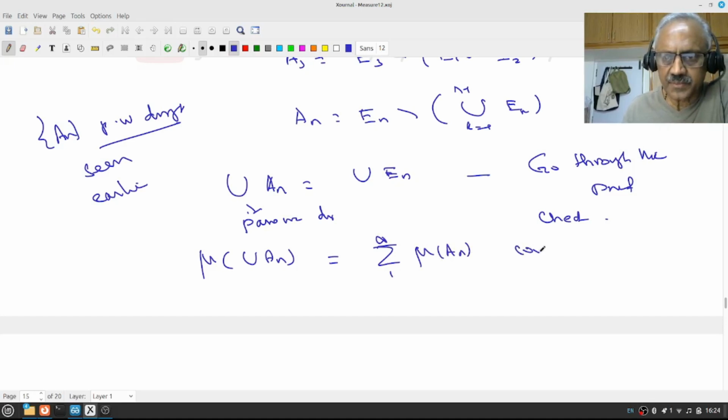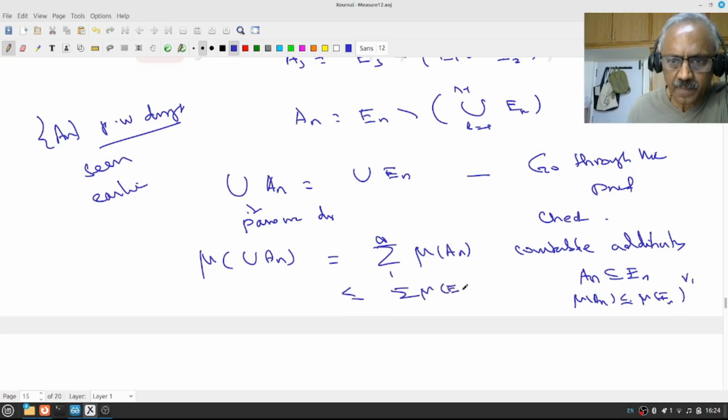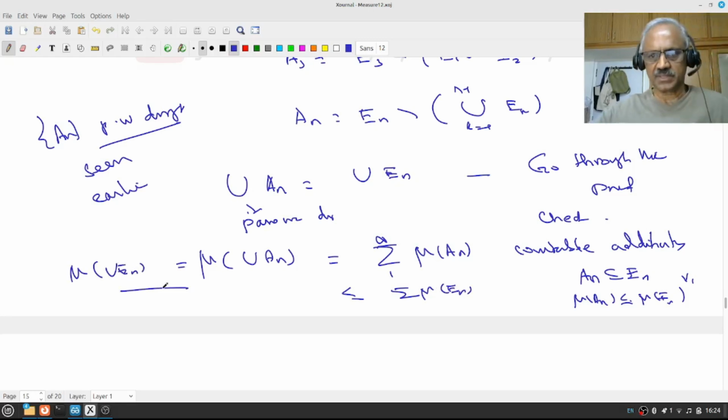This is countable additivity. But remember, by monotonicity, each An is contained in En, therefore mu of An is less than or equal to mu of En for all n. Therefore, this is less than or equal to the sum of mu of En. But the left side is equal to mu of union En. So we proved the result.